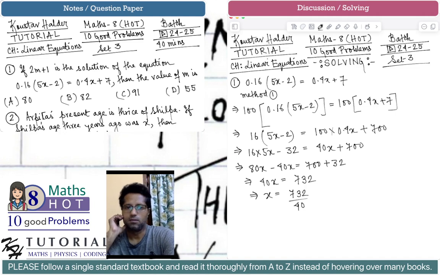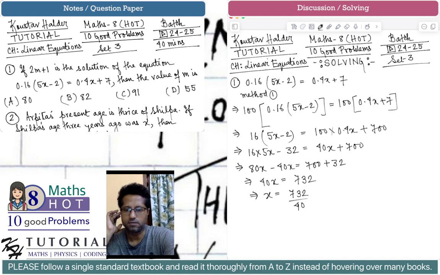On the right hand side, we get 100 multiplied by 0.4x, that is 40x plus 700. So we get 16 into 5x minus 16 into 2, which is 32, is equal to 40x plus 700.